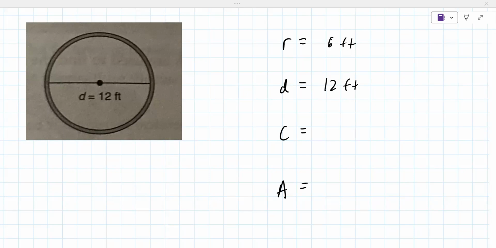Is the circumference 37.68 feet? Okay. Good. Keep going.